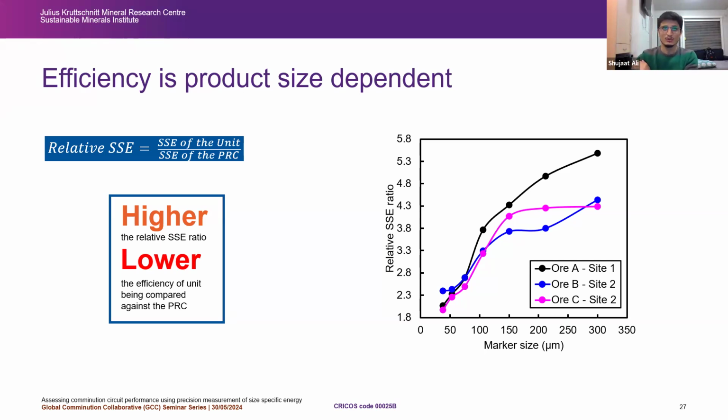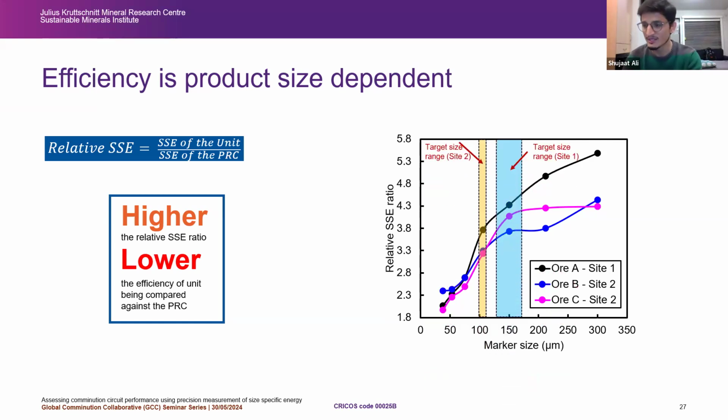So what this says is that when your SEC ratio is high, your efficiency is lower. If you are operating somewhere here, it means you are not doing well. But if you are somewhere down there, it means you are performing well. So we want to be somewhere in this range, right? The sites that we studied had a product size range.